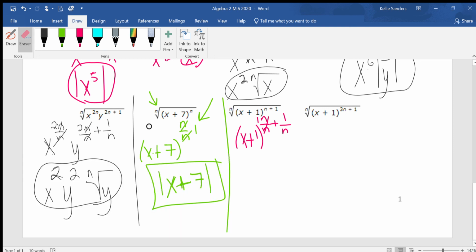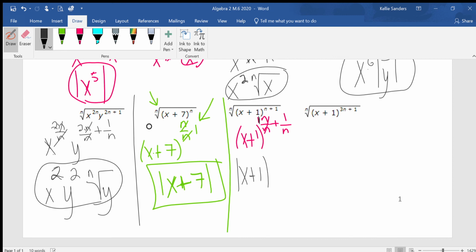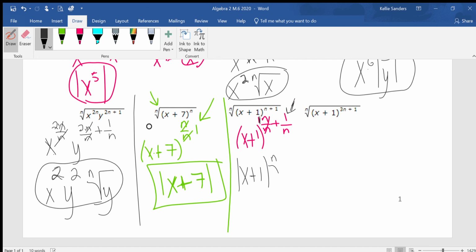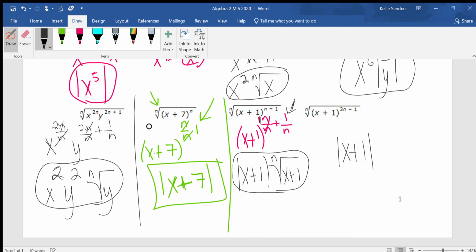Because this is 1, it's going to go in absolute value. But because this is 1, it stays on the inside also. Same, x plus 1 to the 3 because of that one, and then x plus 1 inside because of that one.